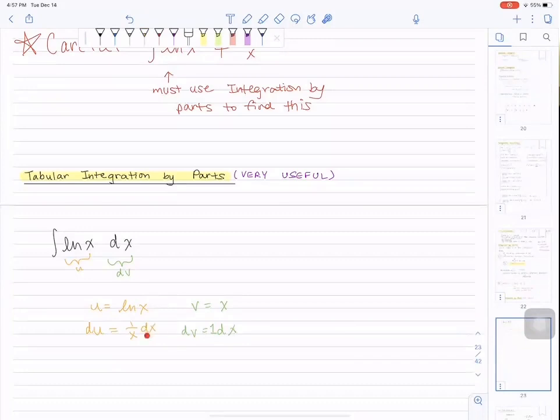But this is a unique one where it doesn't go the opposite way. The integral of natural log x is not 1/x, but the integral of 1/x is natural log x. So if it's not in our chart, you shouldn't assume backwardsness.